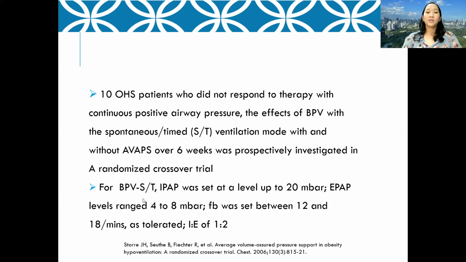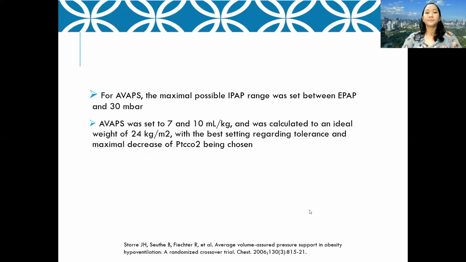For the standard BiPAP ST mode, the IPAP was set at a level up to 20. EPAP level was ranging between 4 to 8. Backup rate was set between 12 to 18. For the AVAPs, the maximal IPAP range was set between EPAP and up to 30, and the volume was set at 7 to 10 cc per kg, calculated at the ideal body weight of a BMI of 24, with the best setting regarding tolerance and maximally decreasing the transcutaneous CO2 level.